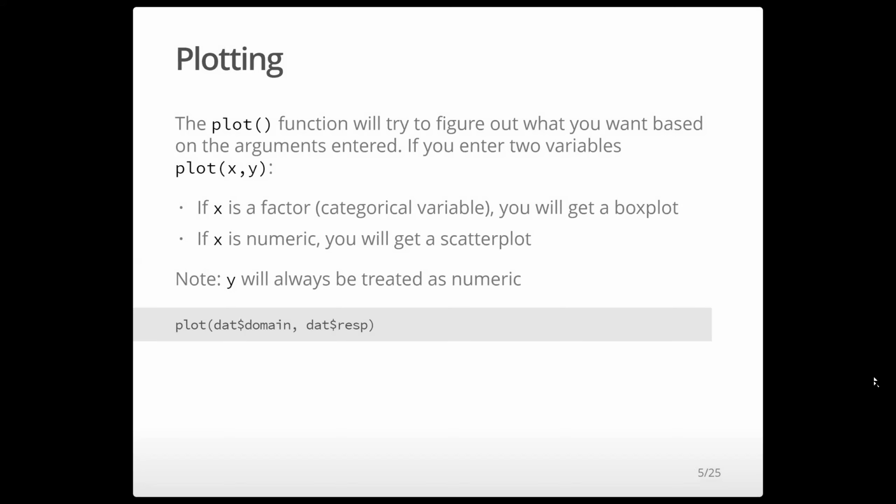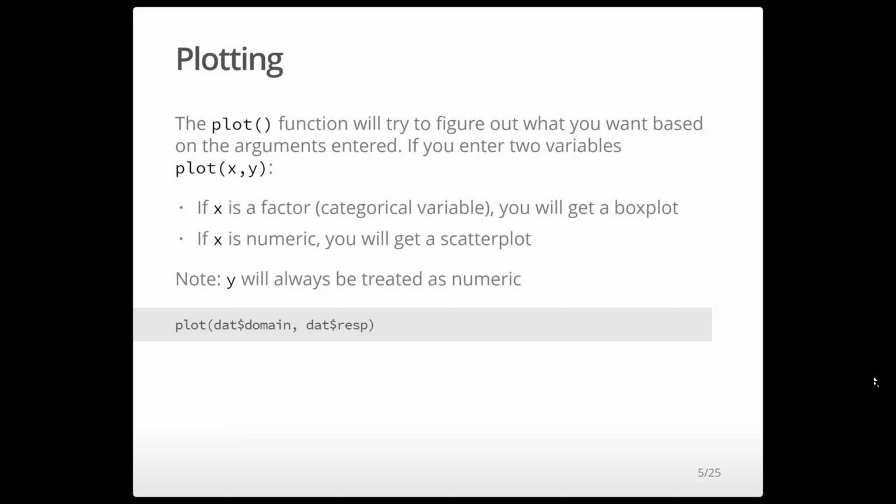So base R, without any extra add-ons, has some useful plotting features, and these are conveniently called often with the plot function. When we use the plot function, R will try to figure out what type of plot you want based on the types of variables you entered. So if X is a factor variable, which again is a categorical variable, you'll get a box plot.